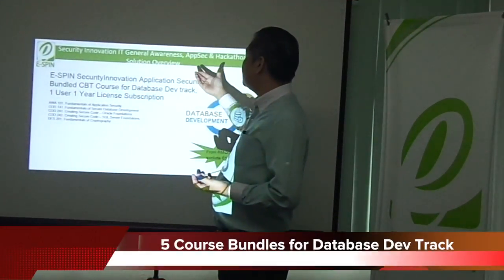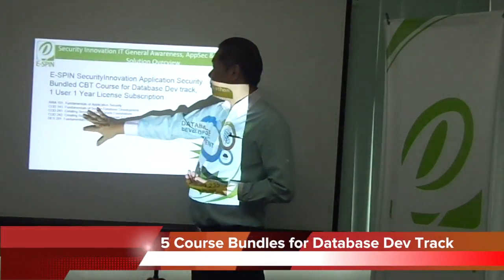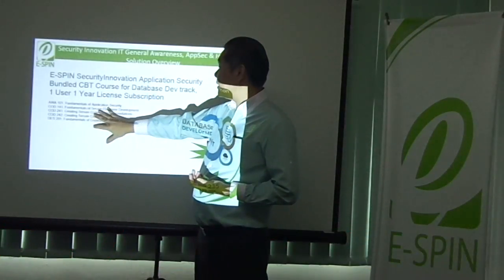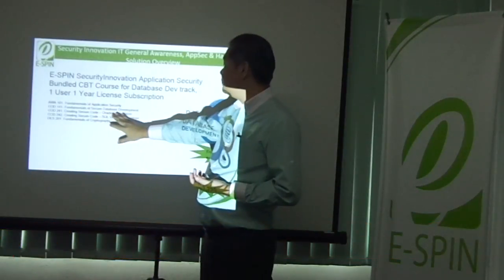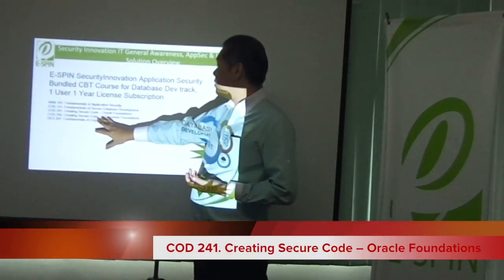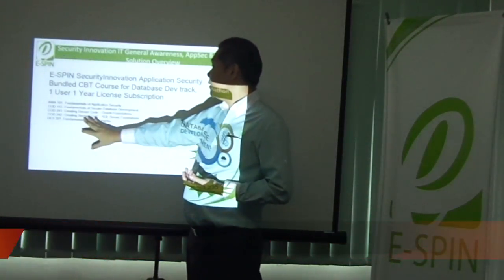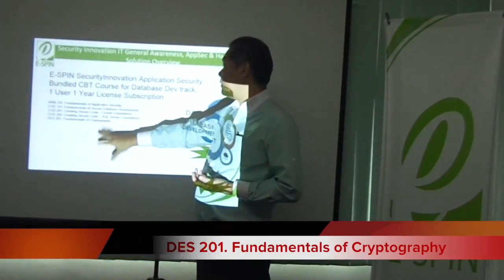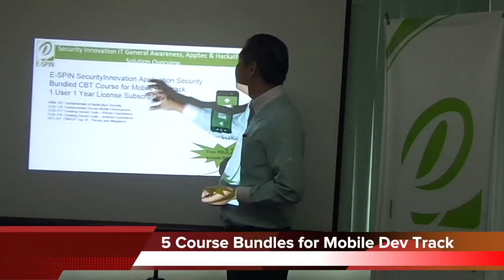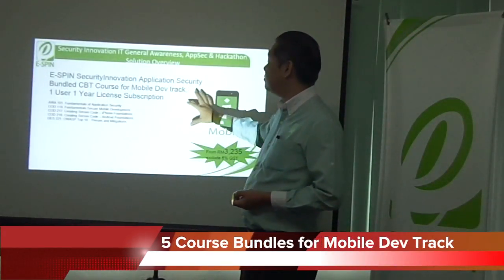For the database development track, it's the bundle of the foundation of application security, foundation of secure database development, creating secure code for Oracle Foundation, create secure code for SQL Server Foundation, and fundamentals of cryptography. For mobile, we talk about the mobile development track.